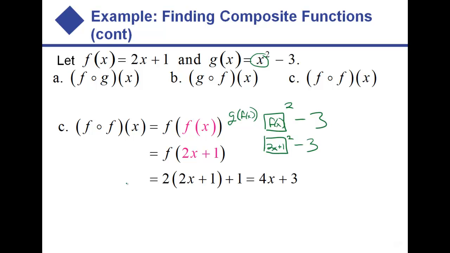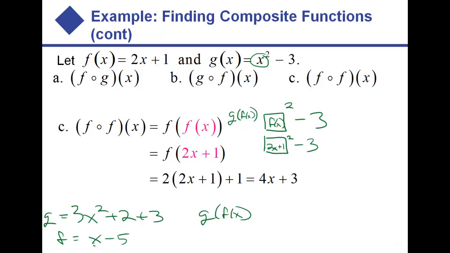Because these things will get more complicated eventually, where you'll have 3x squared plus 2x plus 3. That's going to be your g function, and your f function is going to be, let's say, x minus 5. And now they want g of f. And now you've got to plug this thing in for every x.